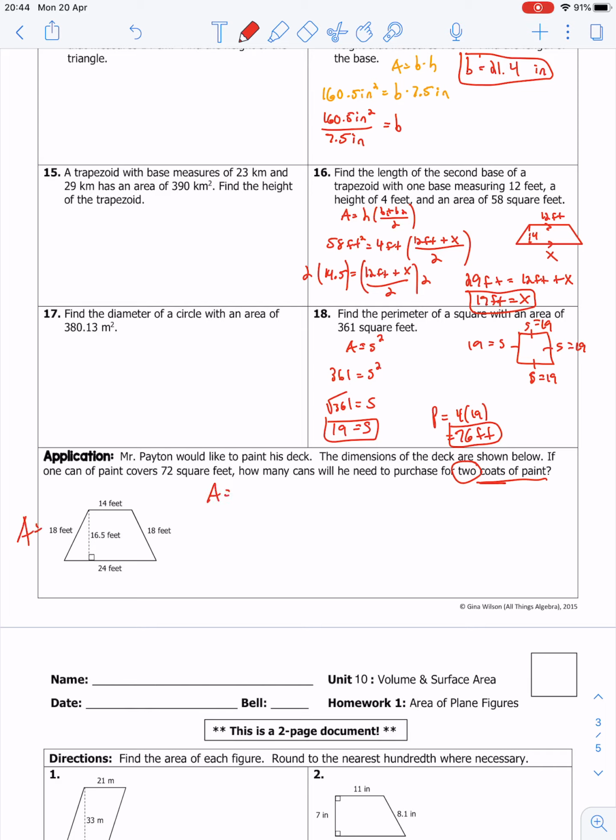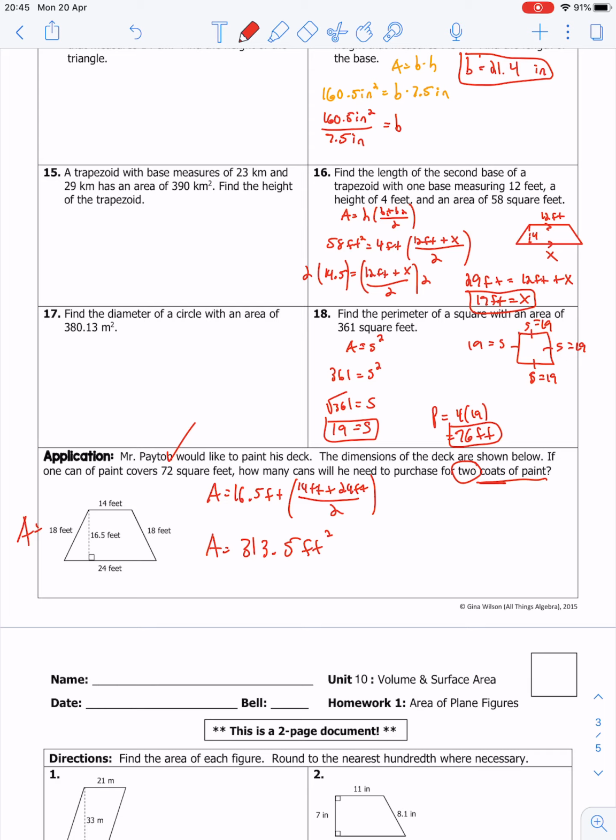So the area of the deck is going to be the height times the average of the bases, so that is going to be 313.5 feet squared. So that is the area of the deck. 1 can of paint covers 72 square feet.